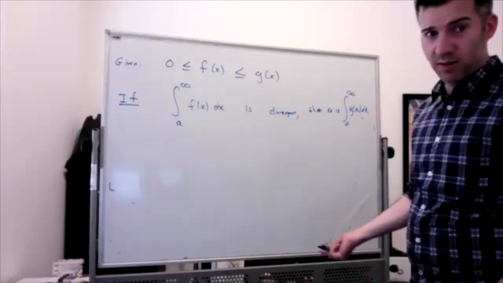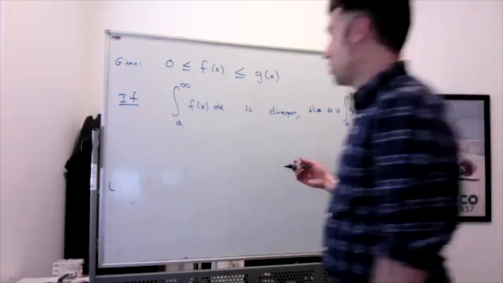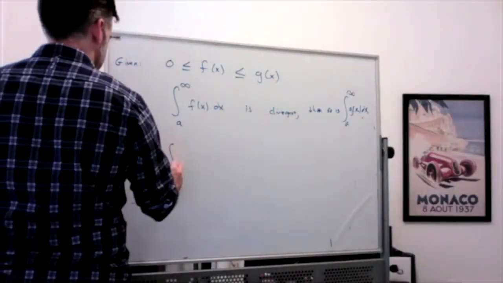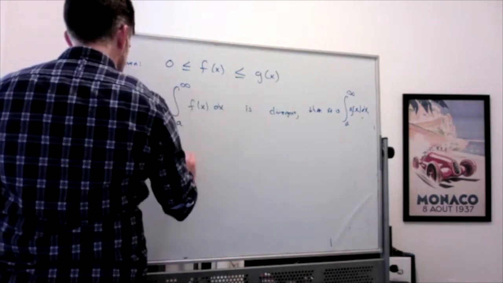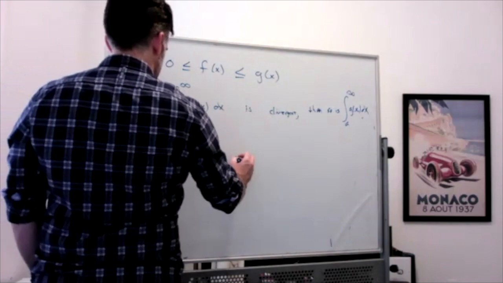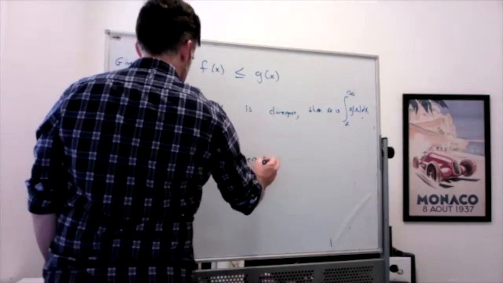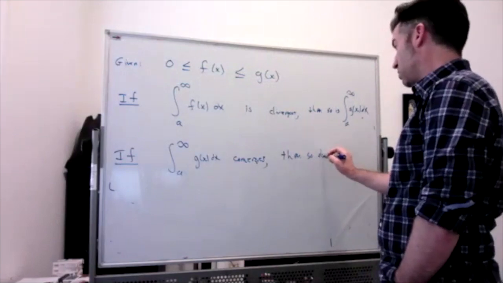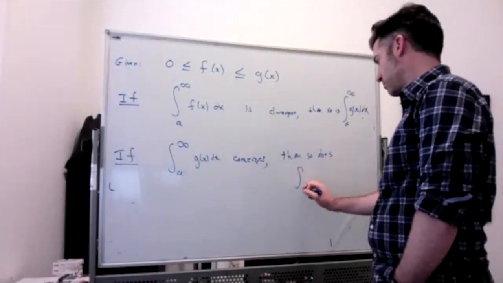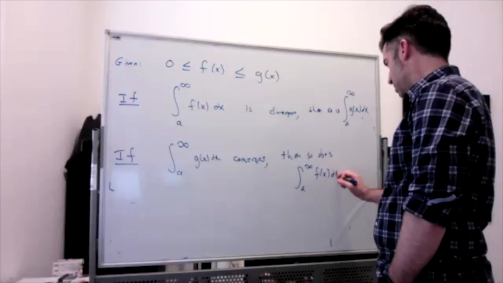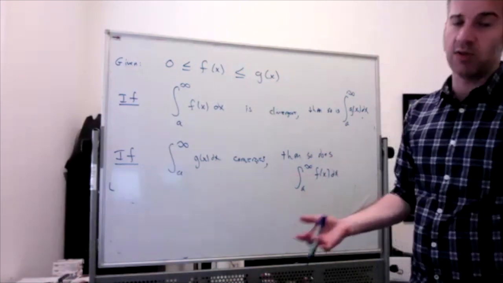If you're bigger than something that diverges, you are also divergent. And also, if the bigger thing is convergent, then so is the smaller thing. If you're smaller than something that's convergent, you're also convergent.